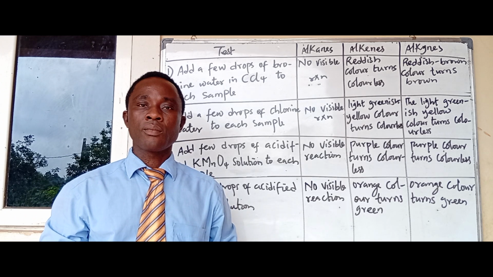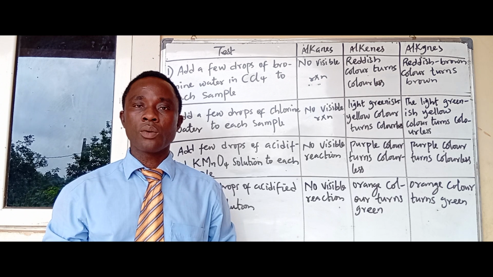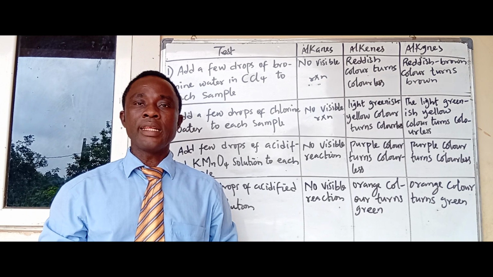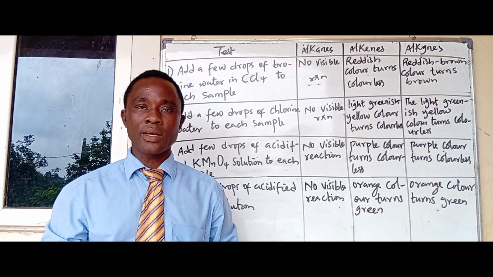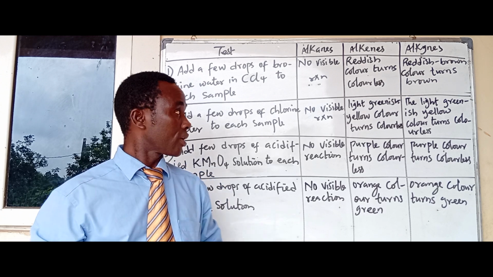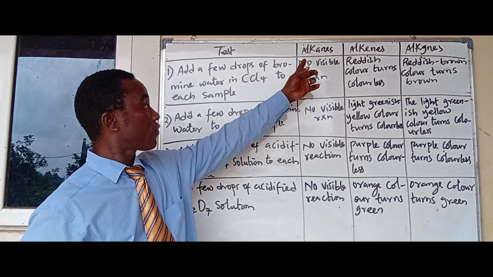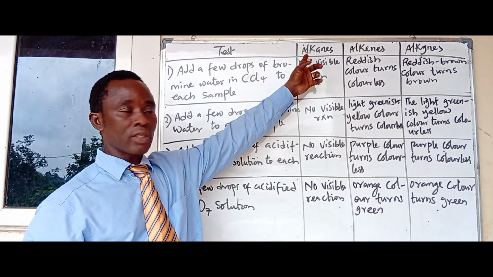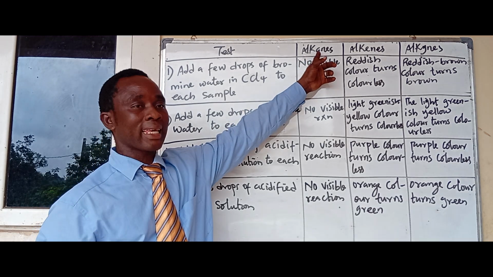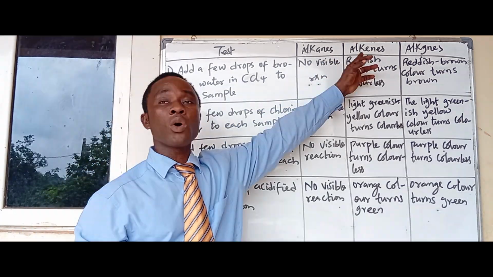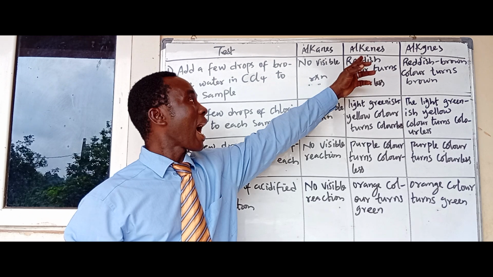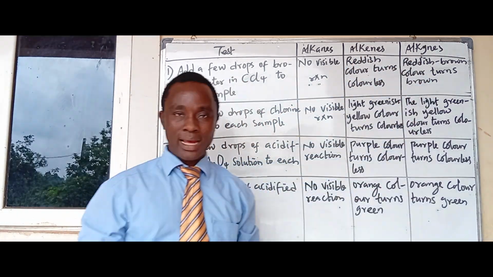They have only single bonds, while unsaturated compounds have pi bonds. So an example of a saturated compound is alkanes, while examples of unsaturated compounds are alkenes and alkynes.